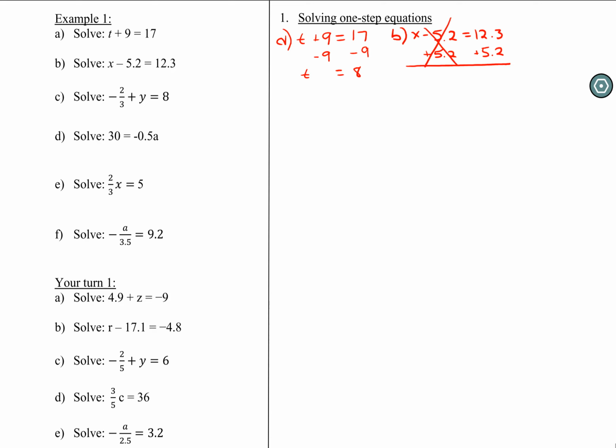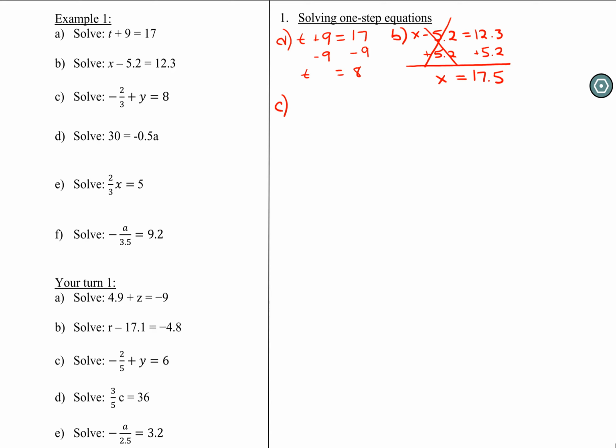So if I have a negative 5.2 and a positive 5.2, it's 0. So then I'll add 12.3 plus 5.2, and I have a value of x is equal to 17.5. Or you could say the solution of this equation is 17.5.